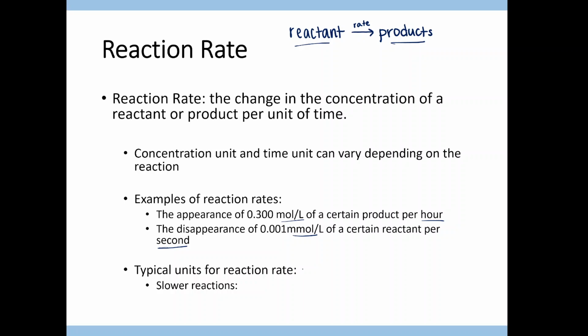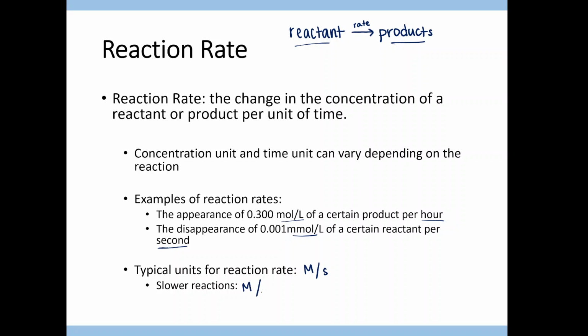Now, typical units for reaction rates in general are molarity per second. And of course, this is if we're describing in terms of molarity. So molarity per second is a typical reaction rate. But if you have a really slow reaction, usually the time unit will change.